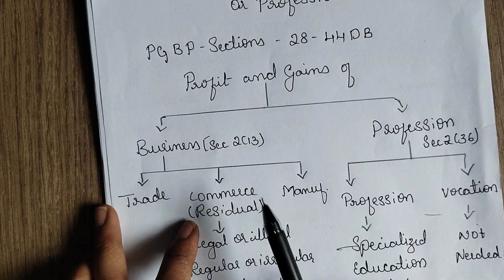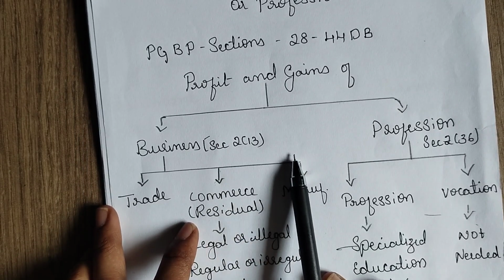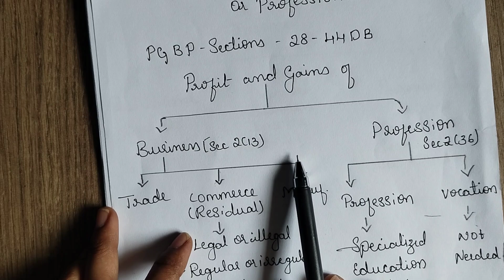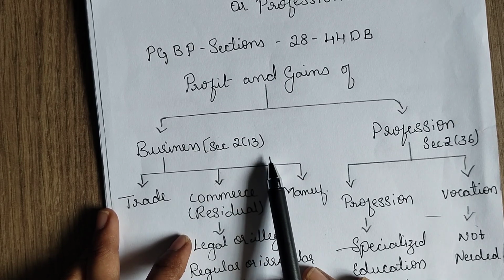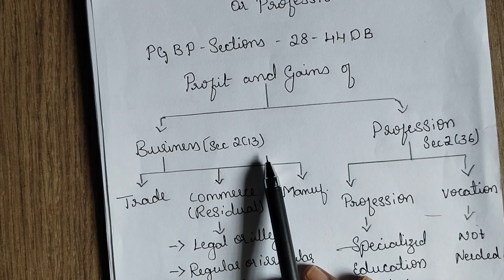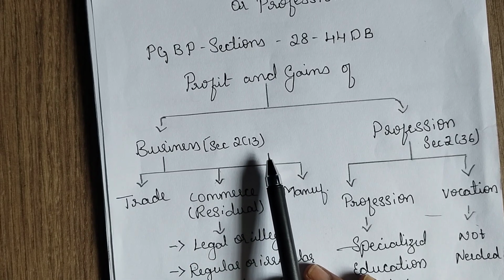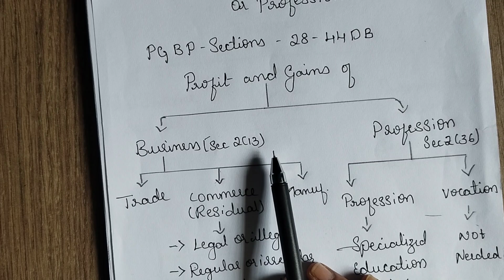See, why are we finding out the business income? If we are anyhow preparing the final accounts, why do we want to find out the business income again? Here we need to find out the taxable business income and taxable professional income.